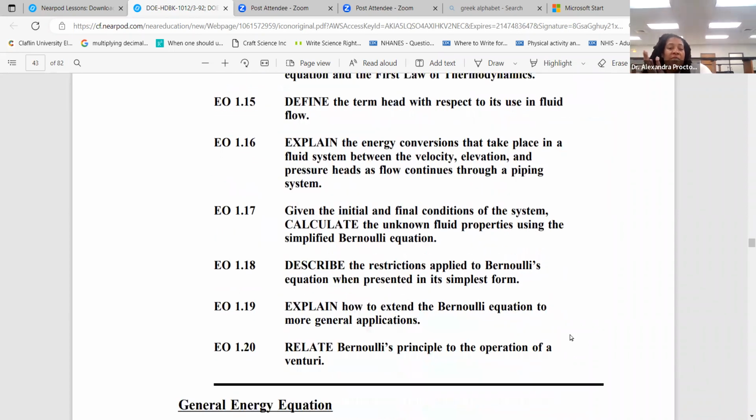Then, given the initial and final conditions for this system, we're going to calculate the unknown fluid properties using the simplified Bernoulli equation. Then we're going to describe the restrictions applied to Bernoulli's equation when presented in its simplest form, and explain how to extend Bernoulli's equation to more general applications and relate Bernoulli's principle to the operation of a venturi.